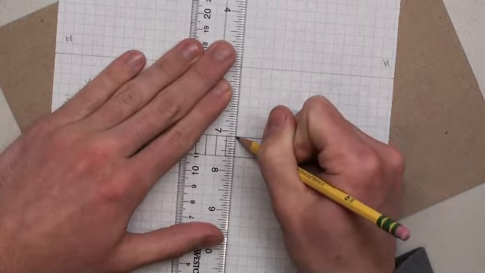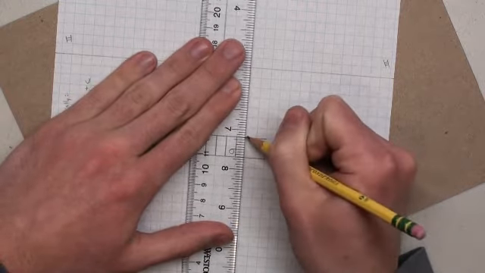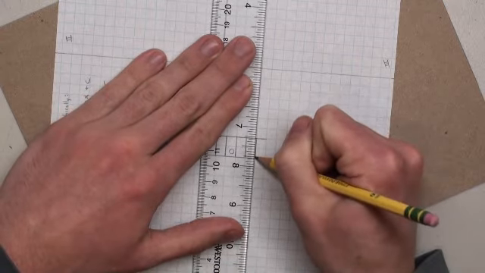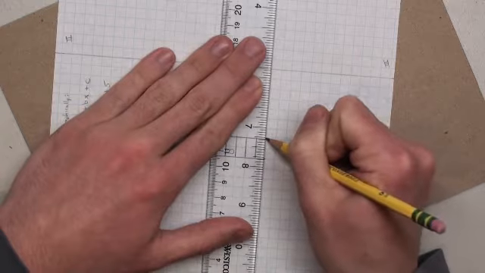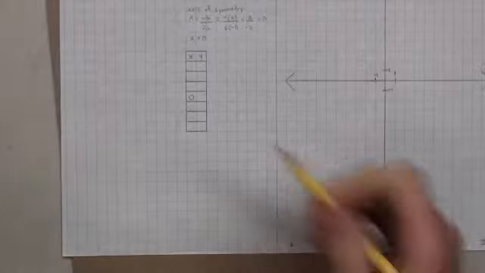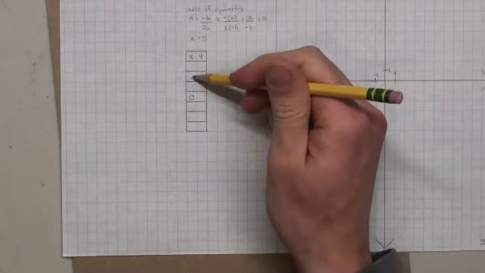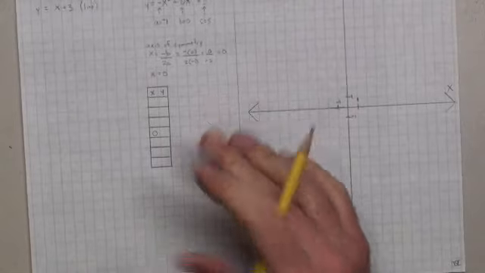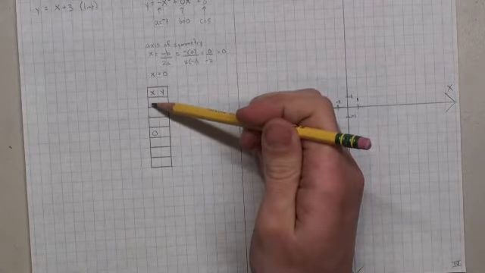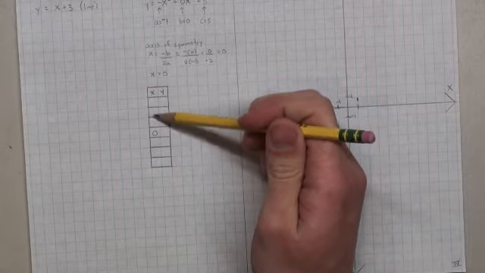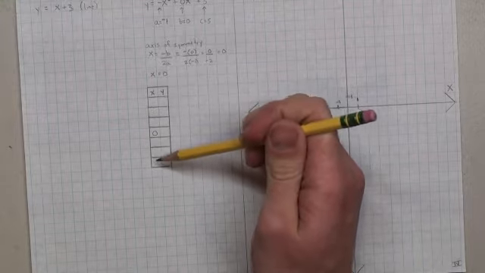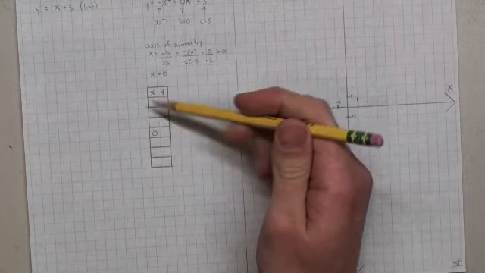Now, the last time I made a table, I made it so that my higher numbers were up here. I'm actually going to switch that around because I want it to match the calculator. And the calculator goes from low to high in this direction. So that's how I'm going to do it.